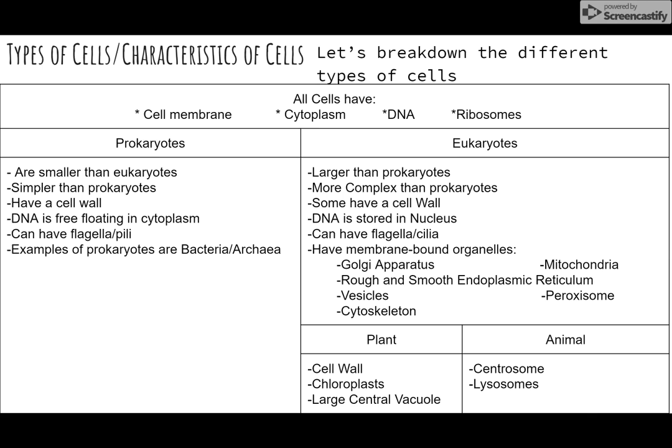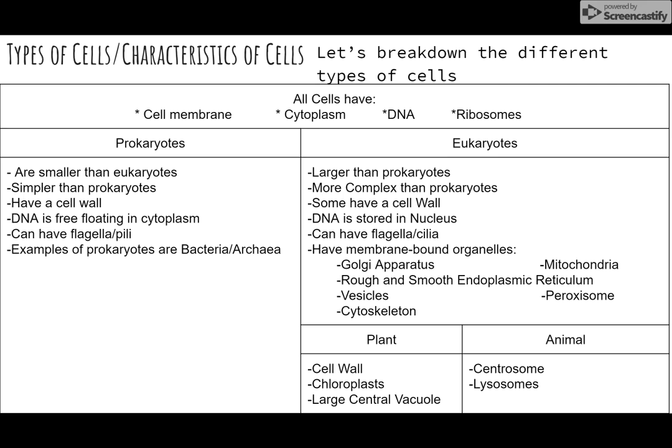Eukaryotes are generally larger than prokaryotes and are considered more complex because of the presence of membrane-bound organelles within those cells, like a nucleus that contains their DNA. Organelles that all eukaryotes share are things like the Golgi apparatus and the rough and smooth endoplasmic reticulum, and these are responsible for building different types of molecules like proteins and lipids.